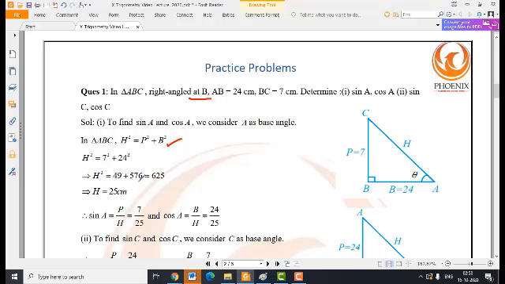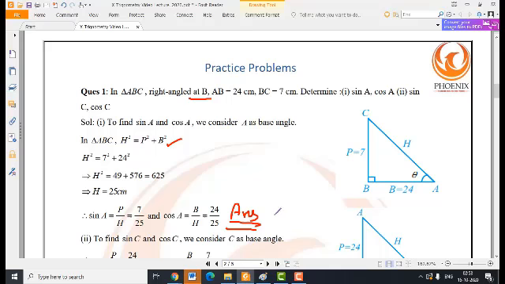So this gives me sin A equals 7 upon 25. Similarly, cos A is given as base upon hypotenuse. So cos A is equal to 24 upon 25. It is again the ratio of base and hypotenuse. So just substitute the values, and that is going to be the answer to the first part of the question.